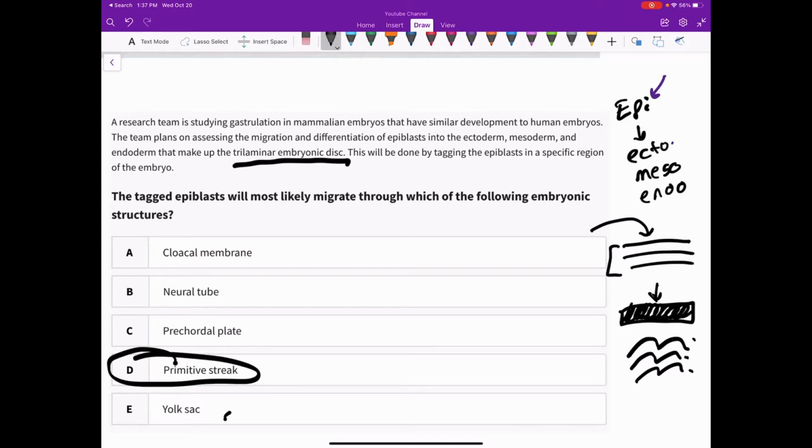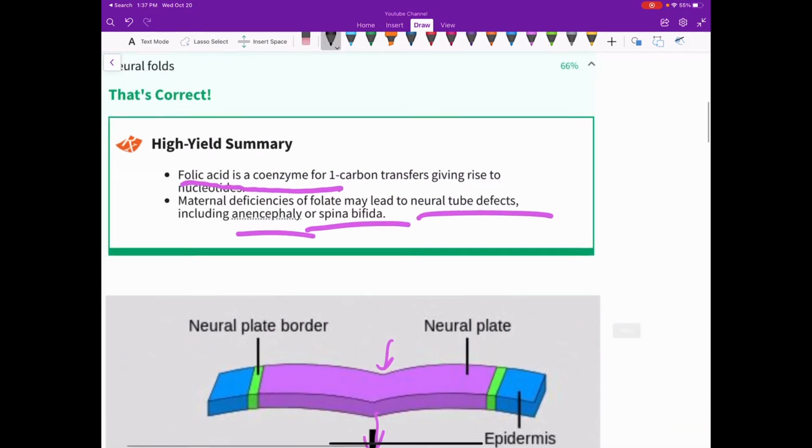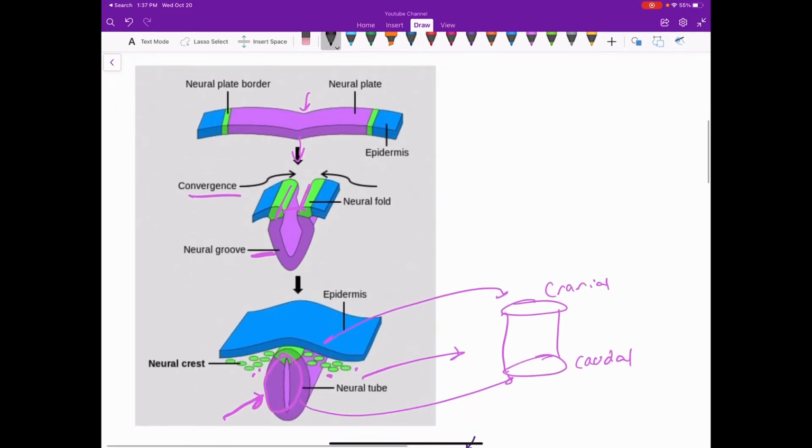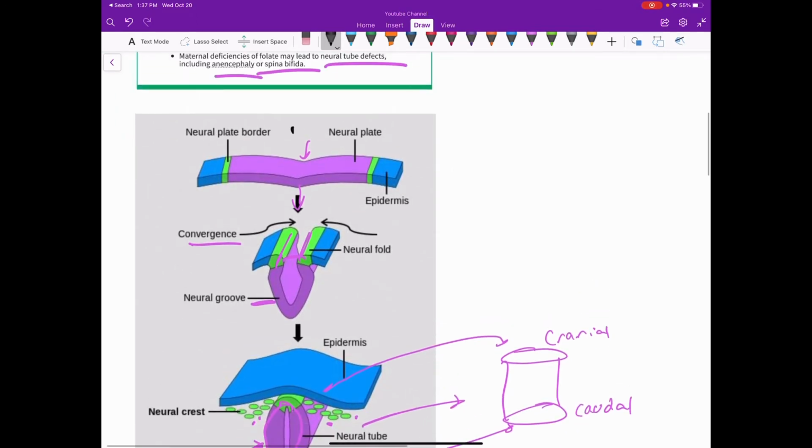The yolk sac, this is going to come from the notochord, so this is wrong. The precordial plate, no. Cloacal membrane, no. And what about the neural tube? Well, the neural tube does process from this trilaminar disc region, and it is going to form the neural tube after the neural folds form. Right? Remember the neural folds we spoke about right up here? So after the neural folds form, and we're going to form the neural tube, this is after the primitive streak, the first step.